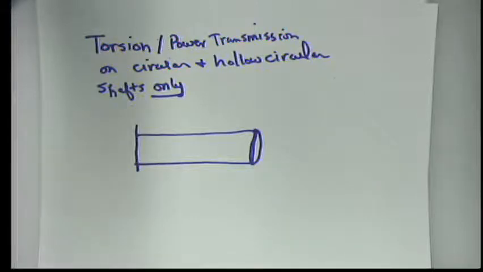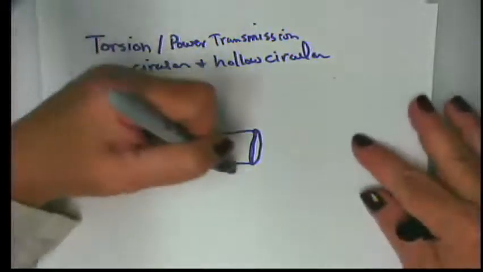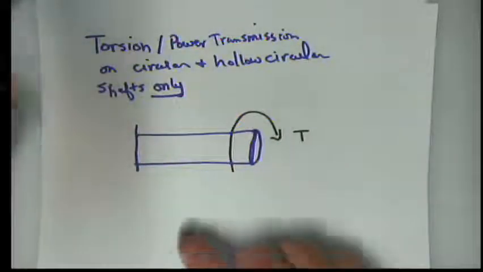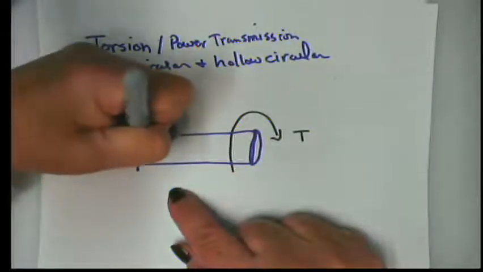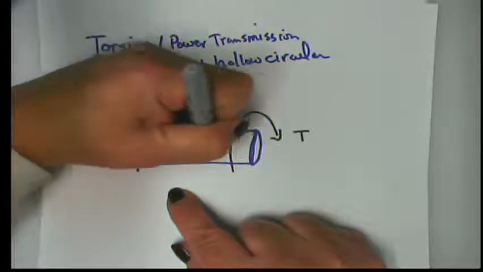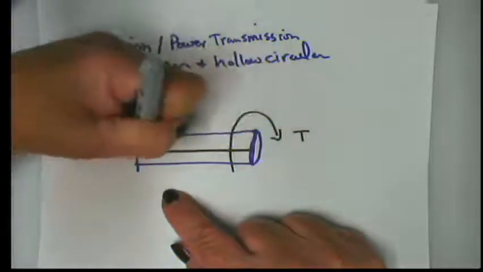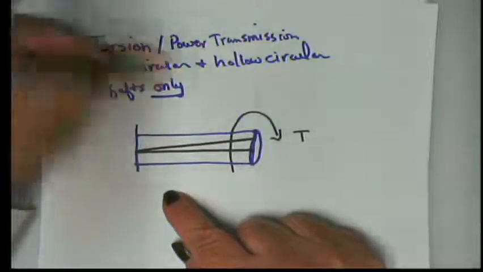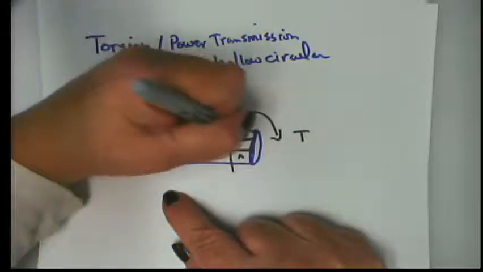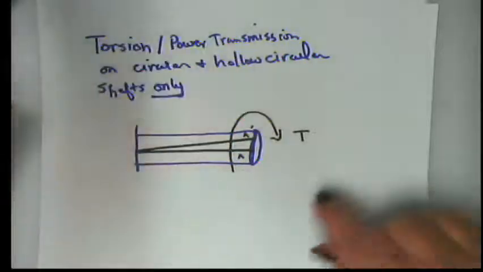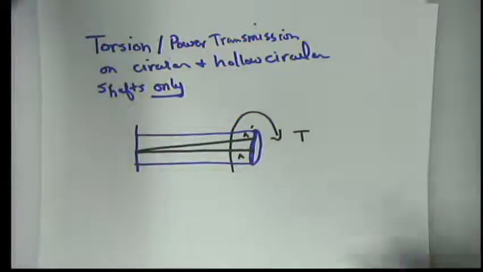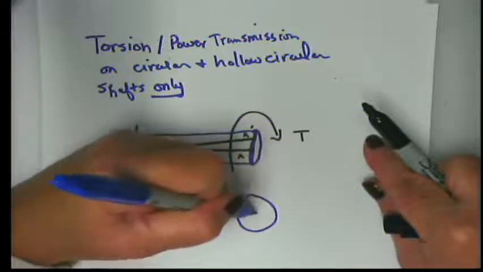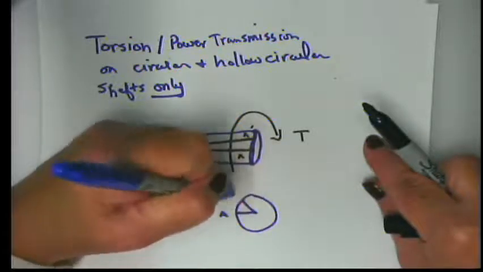And if we consider a torque that we apply to this shaft, what will happen is that on the axis of the shaft, we will move from some point, which was called A, to point A prime, and on the face of the shaft, we will also move from some point A to A prime.